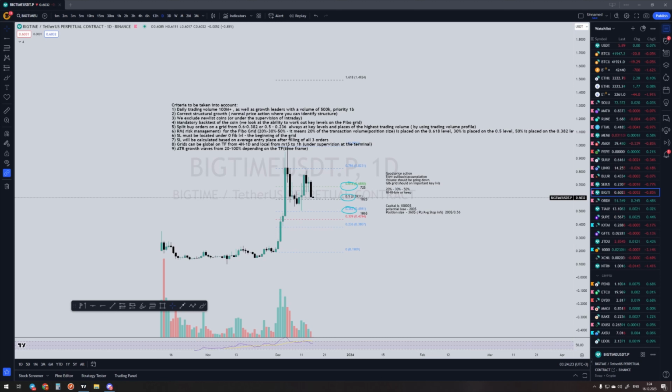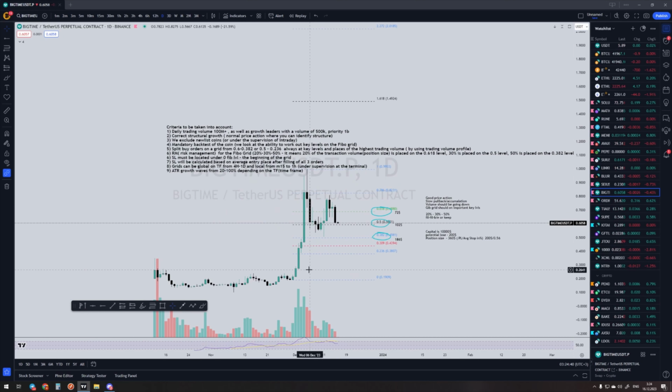Split orders between 0.6 till 0.38 or 0.5 till 0.23, and 20, 30, 50, right? Stop limit must be located under the 0.55 fib, which you can see here.